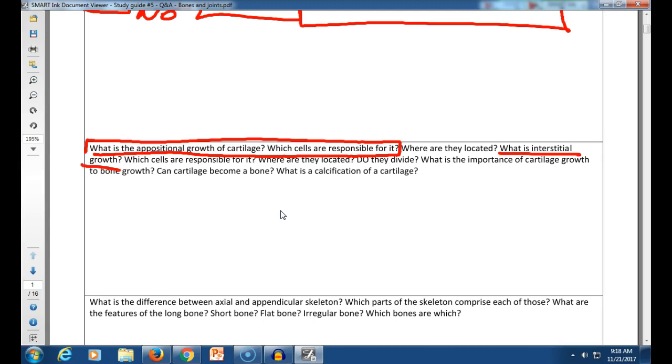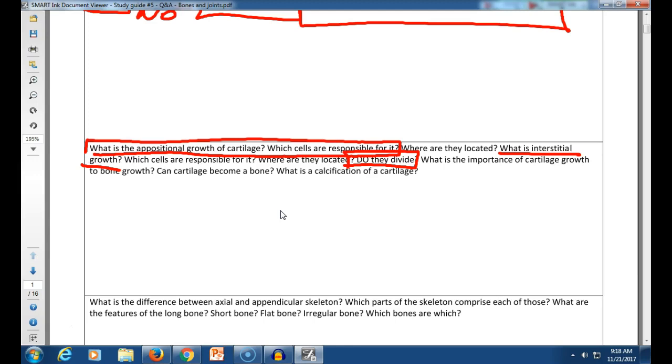Now this time, chondrocytes and chondroblasts inside of the matrix produce the matrix, so the cartilage essentially grows in all directions. Okay? And another important feature of interstitial growth: chondroblasts divide inside of the matrix, so there are more chondroblasts that produce more matrix.